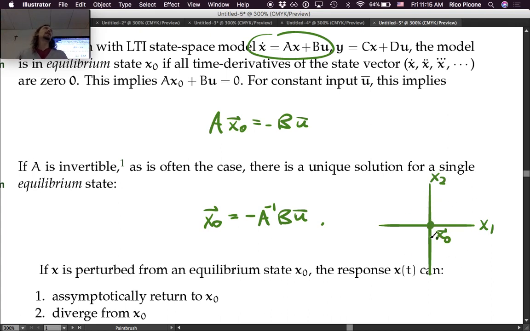If there are only two state variables, the plane is our state space, right? So there are situations though where you can have a line, which is a subspace of the plane, right? This could be the equilibrium subspace if A is not invertible. That's just an example, but there could be some subspace.